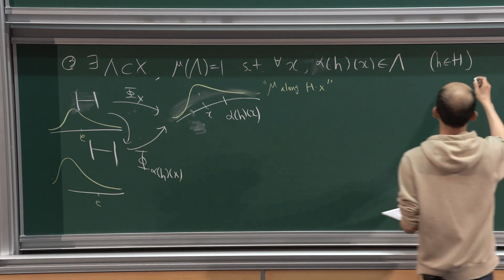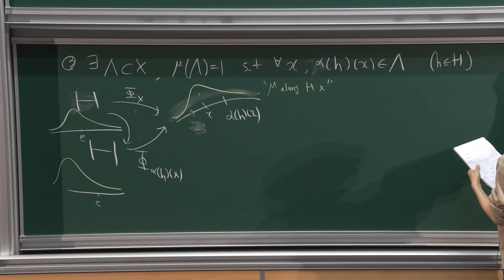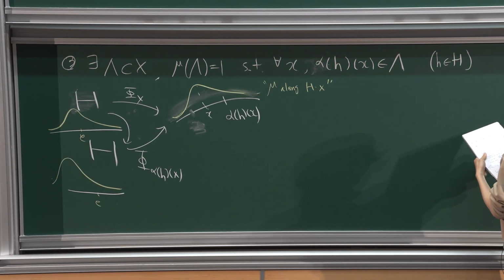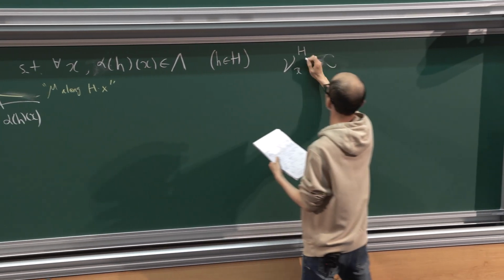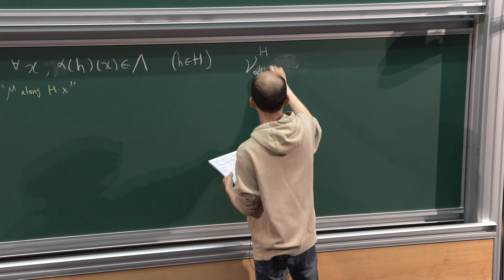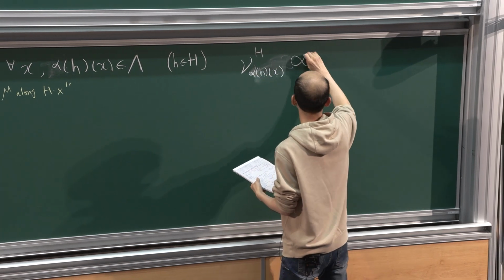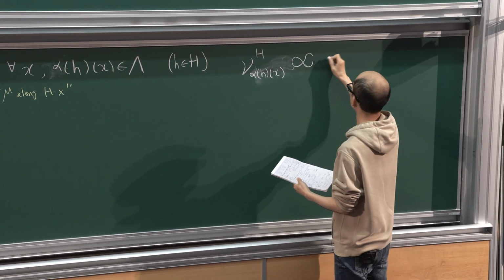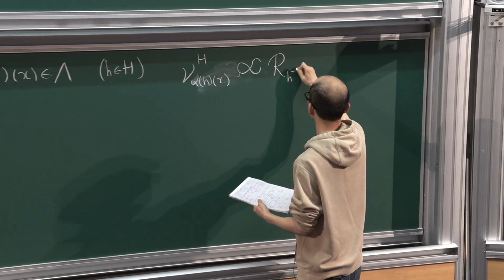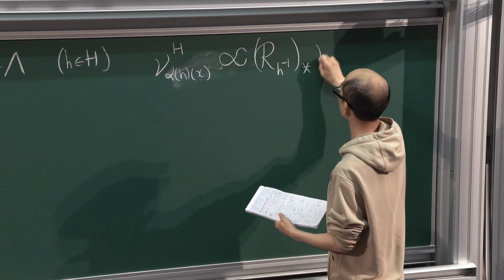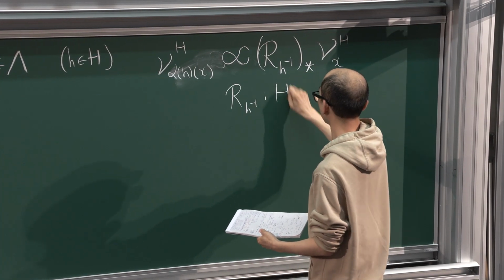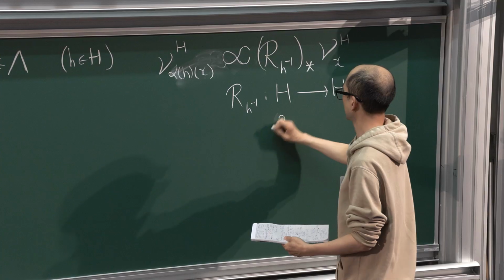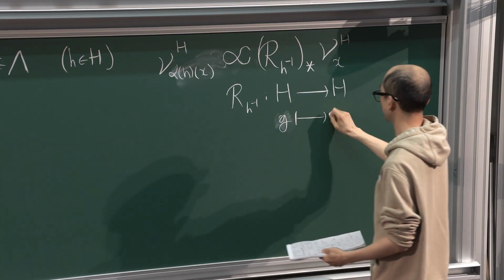So now we have nu x h is proportional to, nu alpha of h of x is proportional to the R_h inverse star nu of x h, where R_h inverse is the map to h, where the g goes to g h inverse.